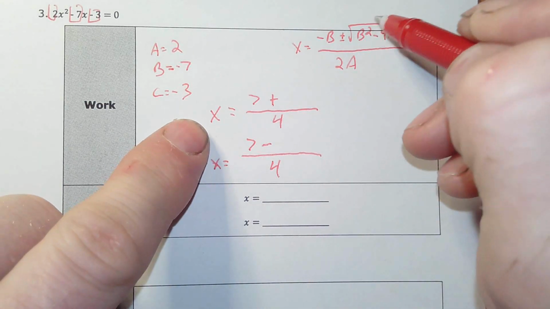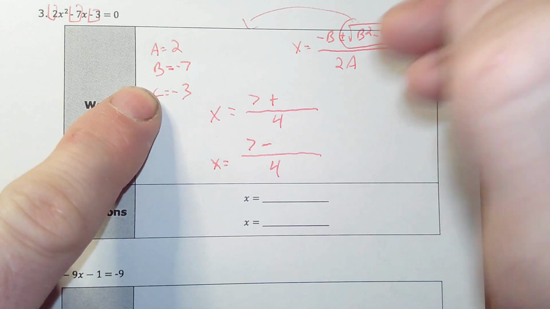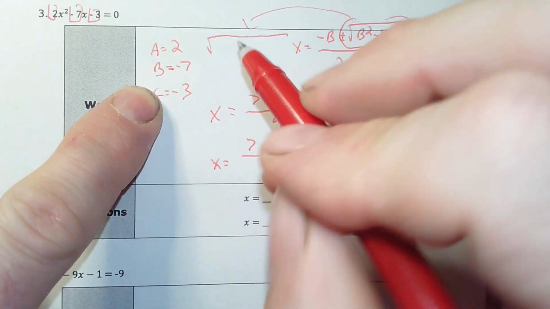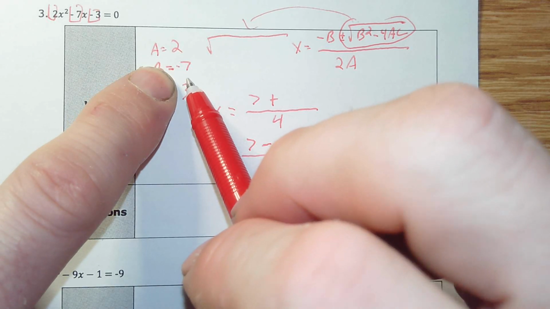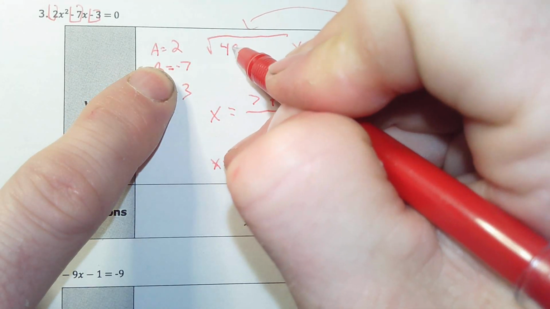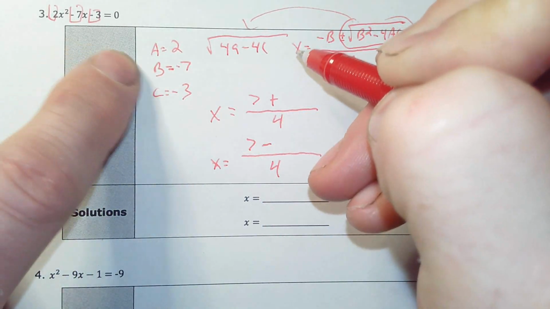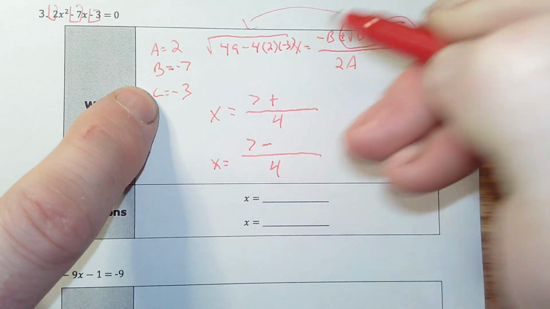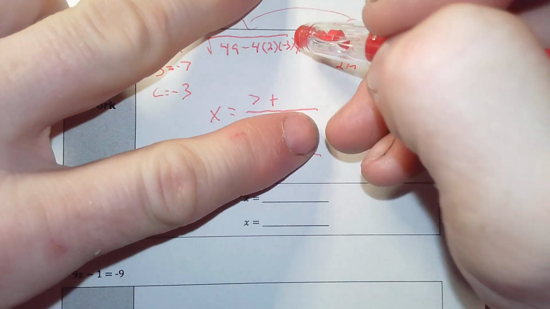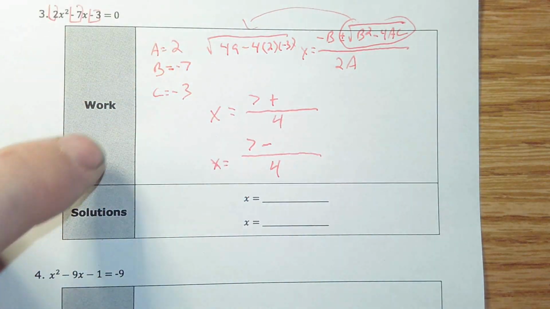Well, let's do that thing right here, the radical stuff. It's going to be the square root of b squared. It's always going to be positive, right? Because negative 7 squared is 49. And it's going to be minus 4 times a, which is 2, and c, negative 3. So let me move this over so it's a little bit neater.